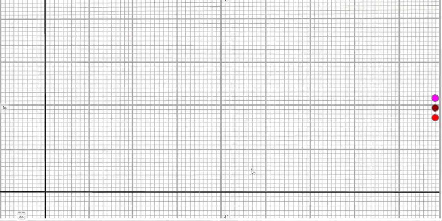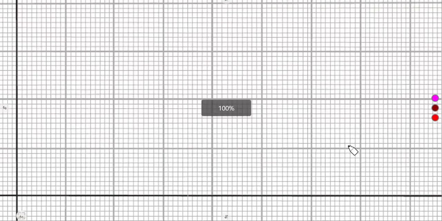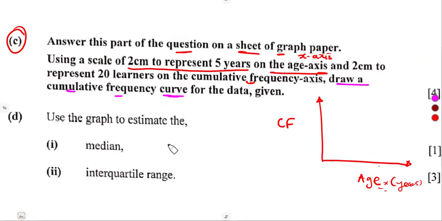All right. From the graph, we're just going to have something like this. Let us see. So this is what we have. The part which represents our X-axis here is going to be the age. So this is our age in years. That is the one that we are given to be represented, 5 years, 5 as it is.